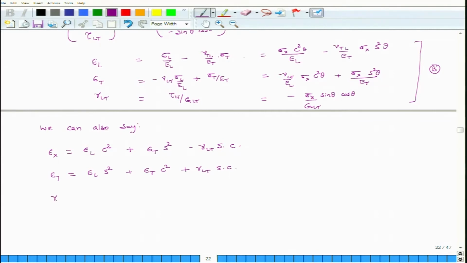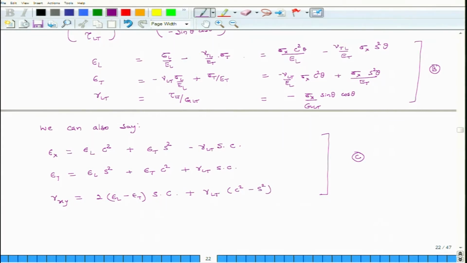And then the engineering shear strain gamma xy is twice of epsilon L minus epsilon T times sine theta cosine theta plus gamma LT times cosine square theta minus sine square theta. So, this is another set of equations, we call it equation C.